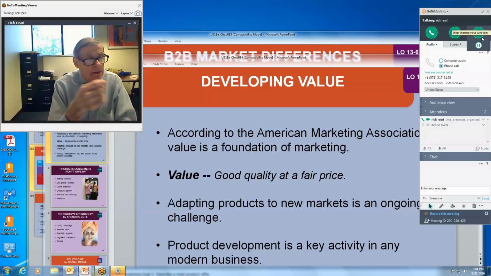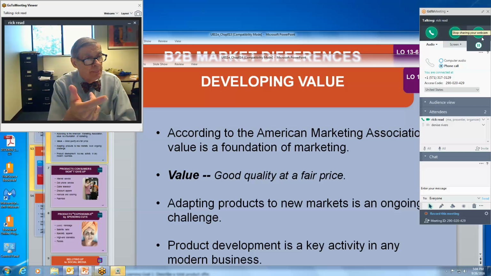And so we have to understand that adapting products to new markets is going to be a continual challenge. At the same time, it provides a lot of opportunities.